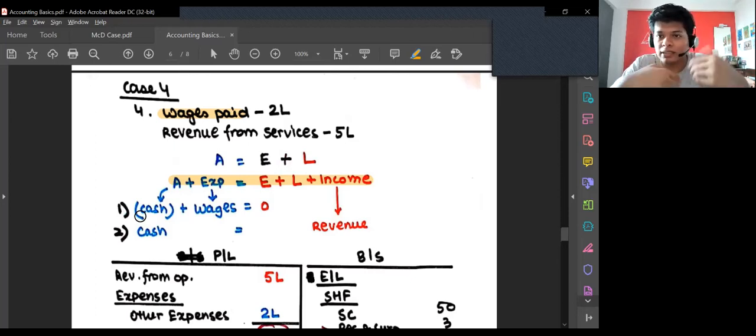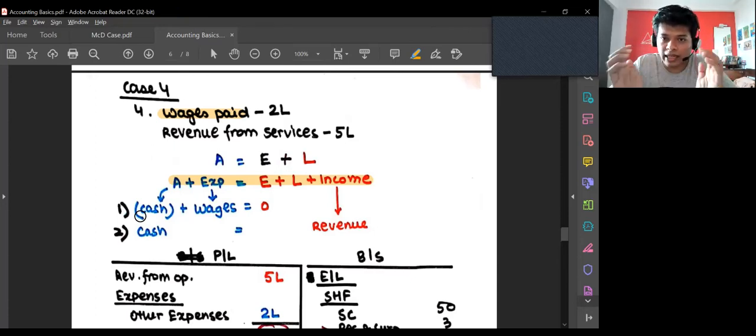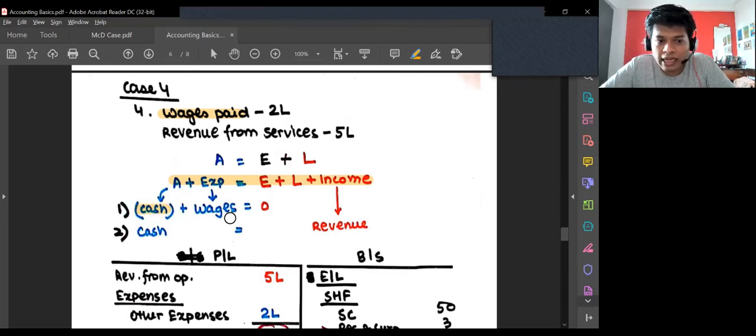If it's not in brackets, it's positive. That's how we do it in accounting. If you write any figure in brackets, it means it is negative. So cash is going out and wages is being incurred. Again, you see it's on the left hand side only, and the equation will tally. Don't worry, I'll show you the balance sheet and profit and loss account as well.